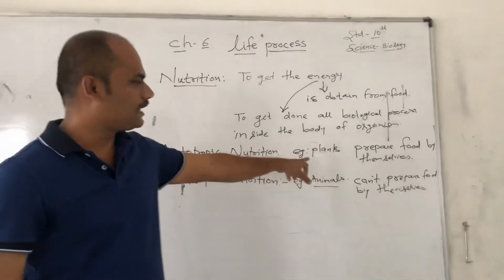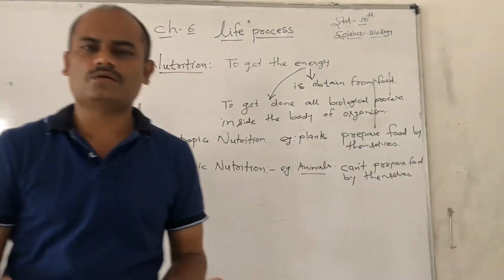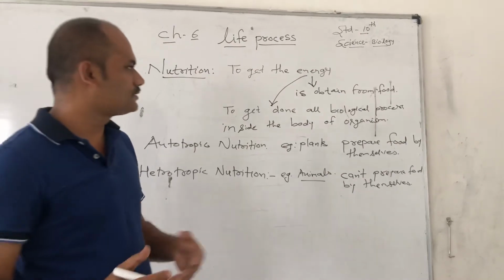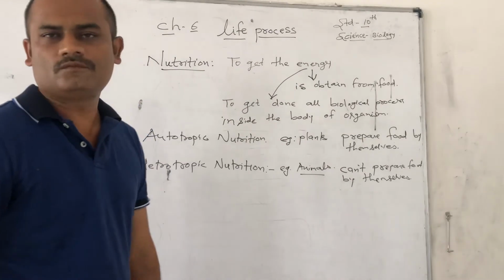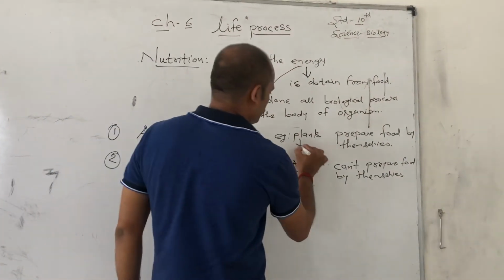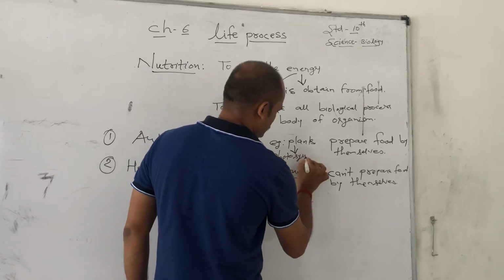In autotrophic nutrition, the plants can prepare their own food by themselves. How can plants prepare their own food? We all know it is by the help of photosynthesis. So plants prepare food by a process called photosynthesis.